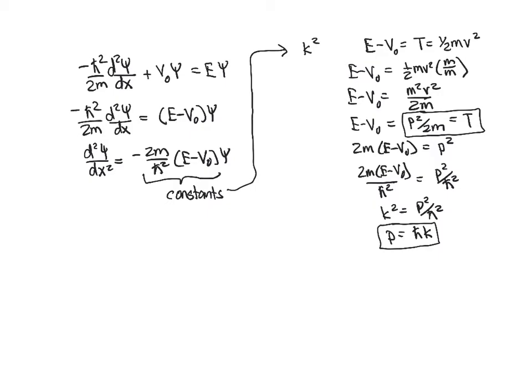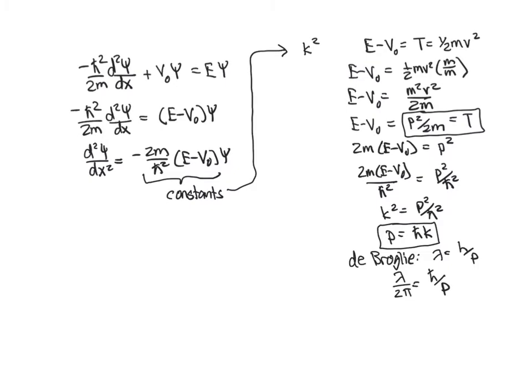We can go a little bit further and we can use the de Broglie relationship. So remember that de Broglie told us that lambda was equal to h over p. And so if I divide both sides by 2 pi so that I get h bar, so h divided by 2 pi is h bar, then I have this.